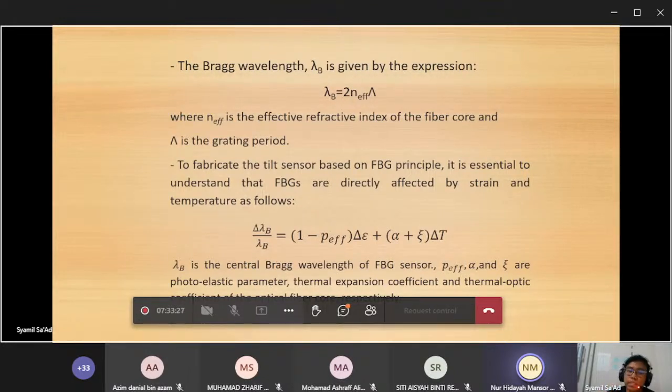To design an FBG sensor, you need to know this well-known equation: the Bragg wavelength shift equals the strain coefficient times strain plus the temperature coefficient times temperature change. We need to know that FBG is directly affected by strain and temperature.